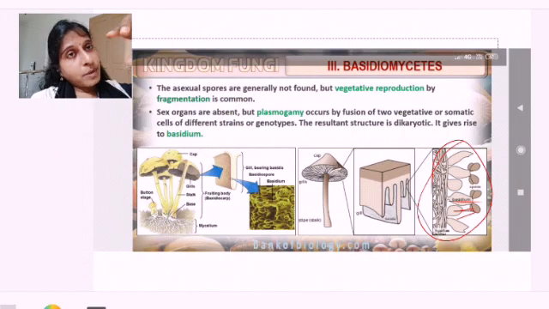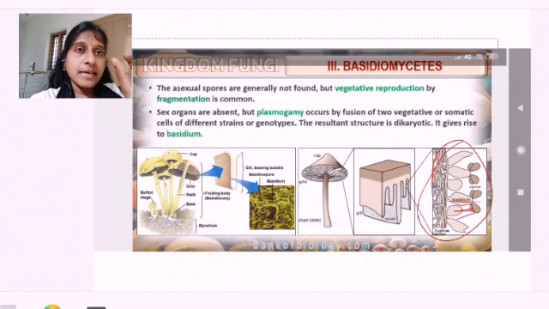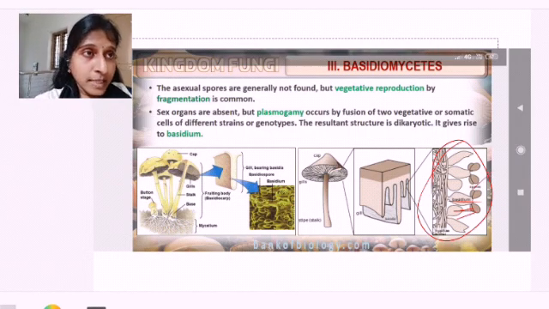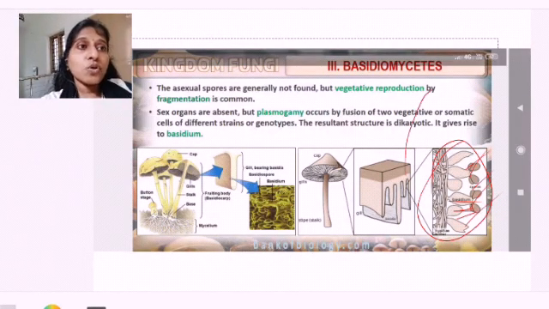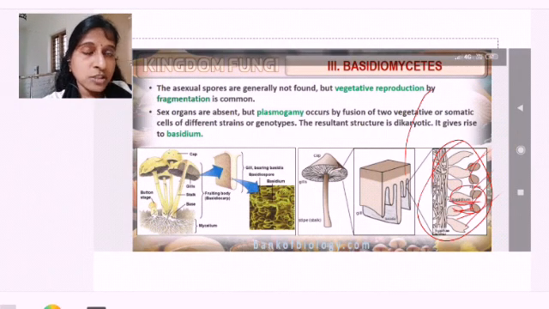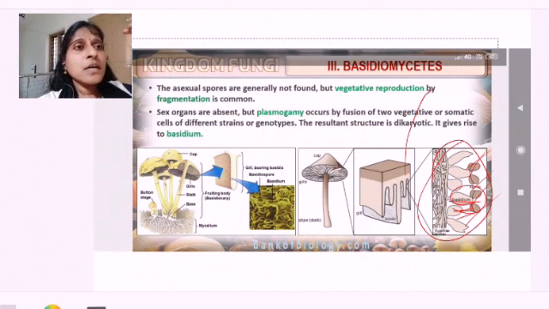Plasmogamy is followed by karyogamy. Before karyogamy, you can find the dikaryon stage present: two nuclei side by side. After some time, they will fuse and form a zygote. This zygote will undergo meiosis, giving rise to spores. What is this spore called? Basidiospores. The club-like structure that you can find, we call it the basidium.